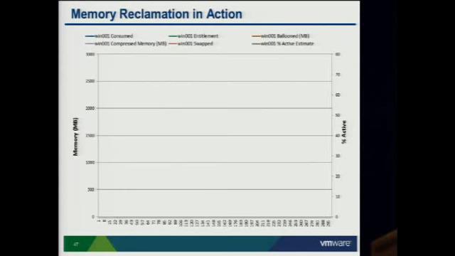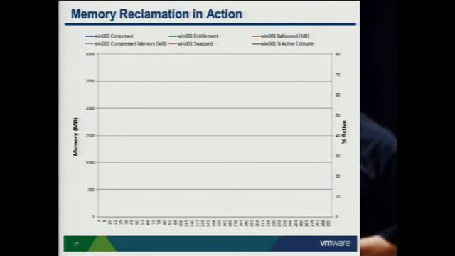And also we know that entitlement is pretty much influenced by the amount of memory activity. It's just to see how actively the VM is accessing the memory. If we have a lot of idle memory, of course, when ESX needs to reclaim memory, this VM will be a primary target for memory reclamation.